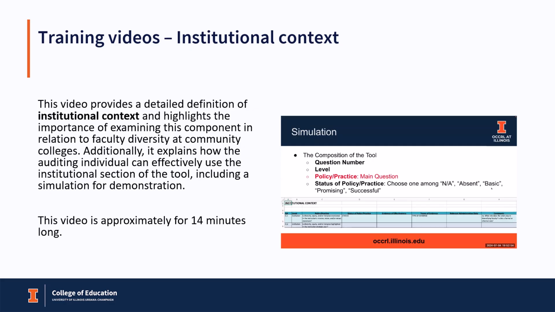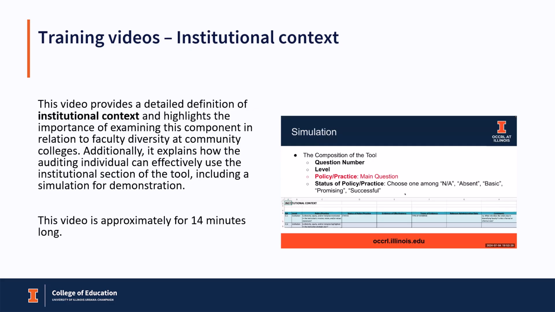And basic, if your institution conducts only cursory implementation. And promising, if your institution's practices show potential but are not yet fully developed or consistently applied. And the last one is successful. You can select this if your institution has fully developed and consistently applied practices across the institution.